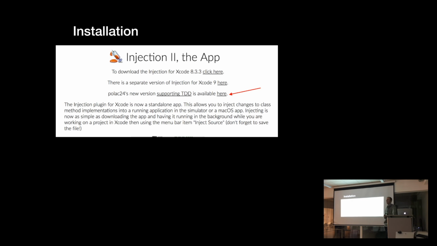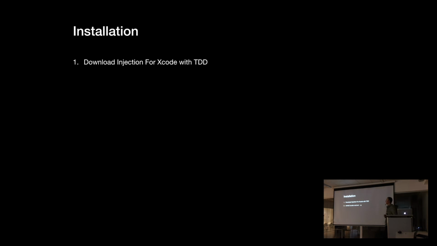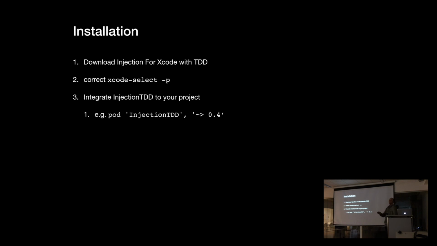I will provide you a link, of course, afterwards in our meetup comments. And remember always to take the version supporting TDD. Then ensure that your xcode-select version is the correct one, the one that you're currently using. And to integrate, of course, you have to use, for instance, pod. And it's called InjectionTDD.